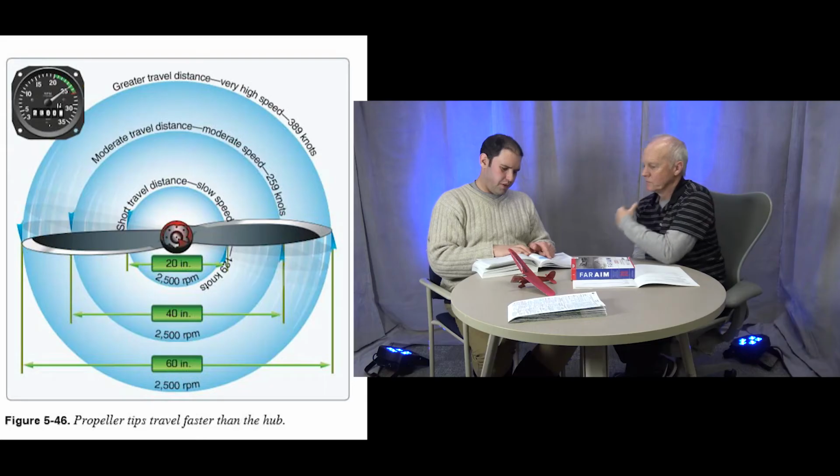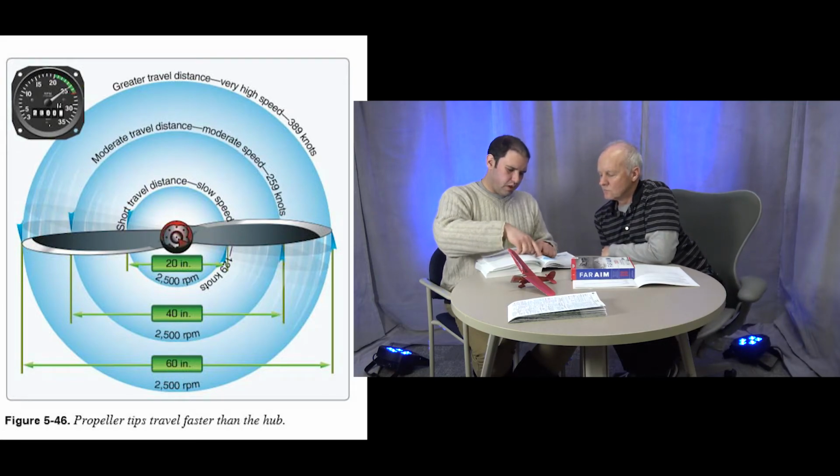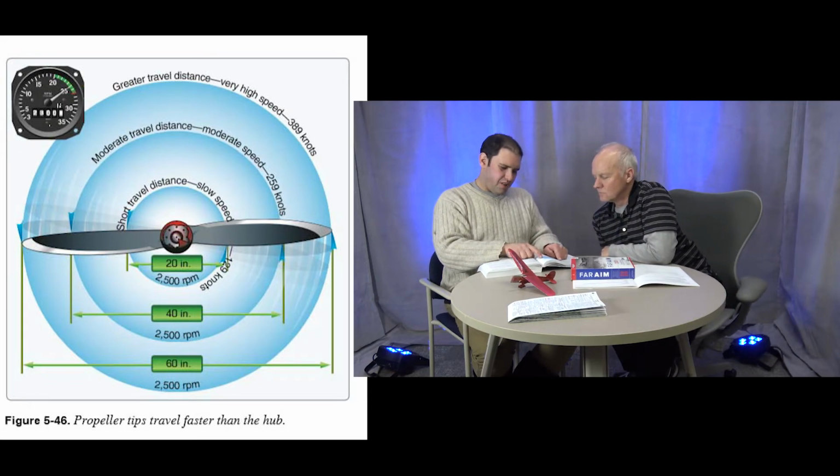And then propellers have that twist of one blade relative to the other, but they also have a twist from root to tip. So if you look at a propeller carefully, you'll notice that it has a lot more pitch at the root than it does at the tip. And that's because, as you see here in figure 5-46, the tip of the propeller has a lot further to travel going around in a circle, so it's moving faster.